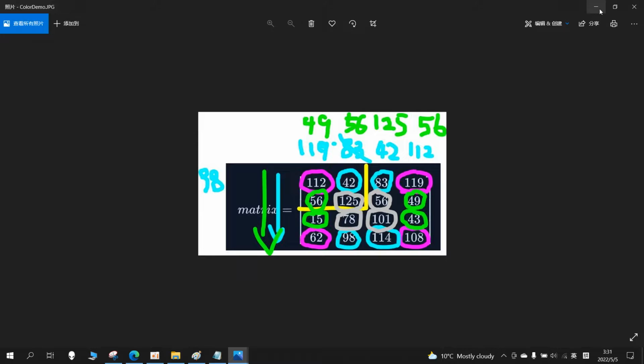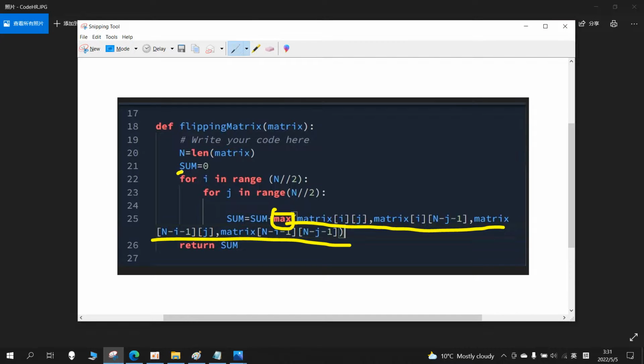We do the sum, and in order to do the sum, that's why I have initialized the sum at 0, and then I've used this function. But instead of sum plus max blah blah blah, we can also type sum plus equals max.